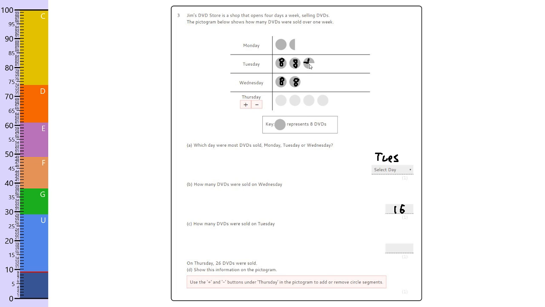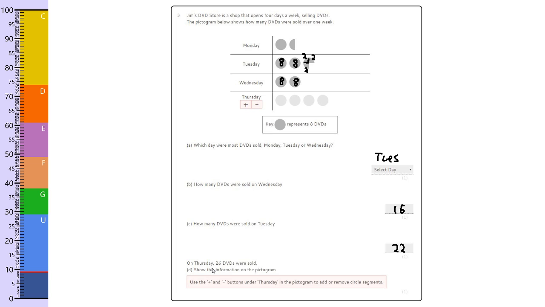That's not 8. So let's try 2. 2, 4, 6, 8. That's perfect. So each of those quarters represents 2. So 2 there, and 2 down here. So that's 16, 17, 18, 19, 20, 21, 22.